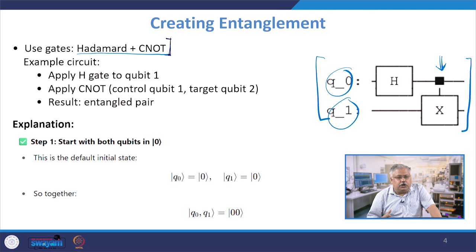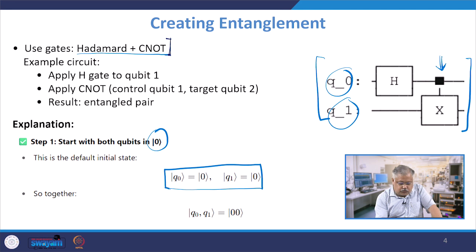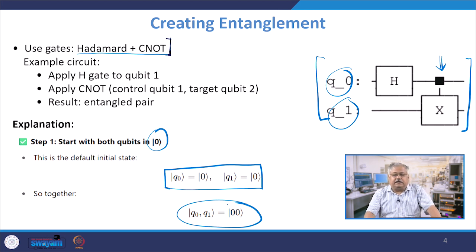Let us suppose that both the qubits start with ket 0. The initial default state will be Q0 equals 0 and Q1 equals 0, and therefore, taking the two states together, the state will be 0 0. So without entanglement at the initial stage, both states are 0 0 in nature.